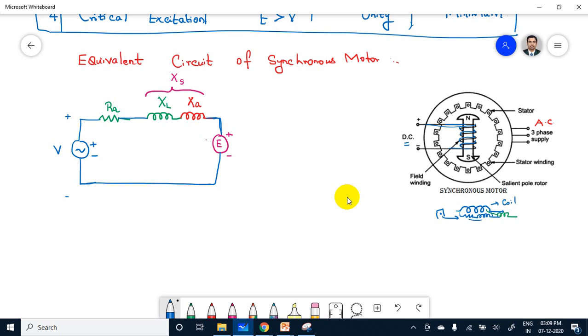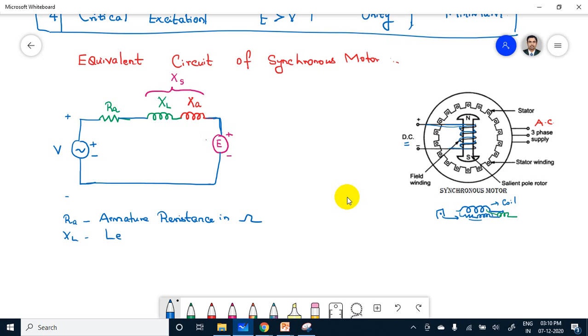Okay, so note down: RA is the armature resistance in ohm.